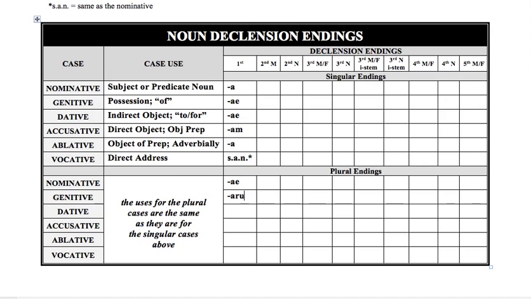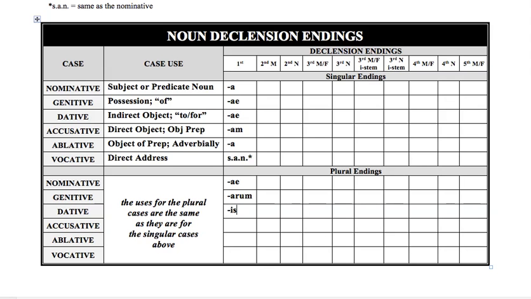The genitive plural ending is spelled A-R-U-M and is pronounced arum. Notice how the A is drawn out, ahrum. That makes it a long A sound. The dative ending looks like the word is in English, but there are a couple of things you need to understand about pronouncing Latin, and one is that the letter S is never going to sound like a Z. It's always going to sound like an S sound, like a snake.